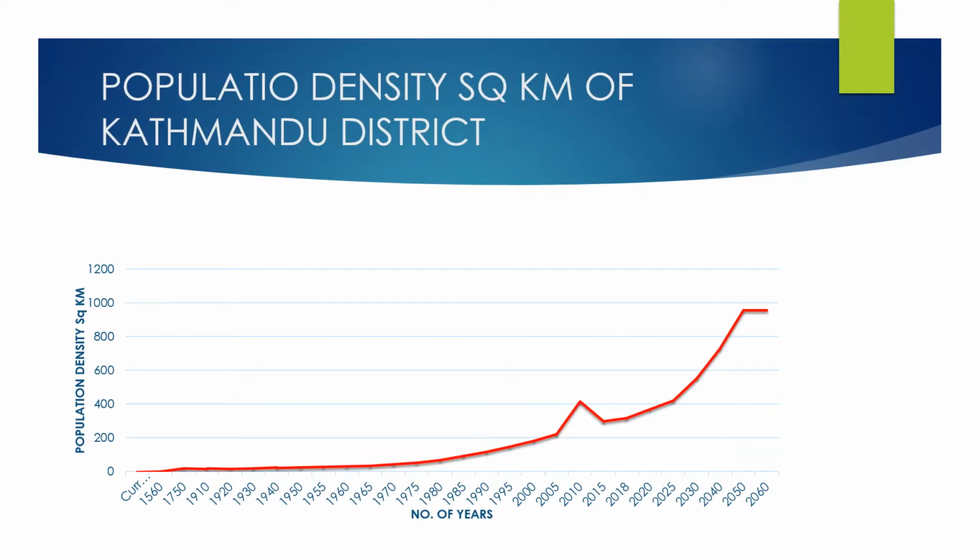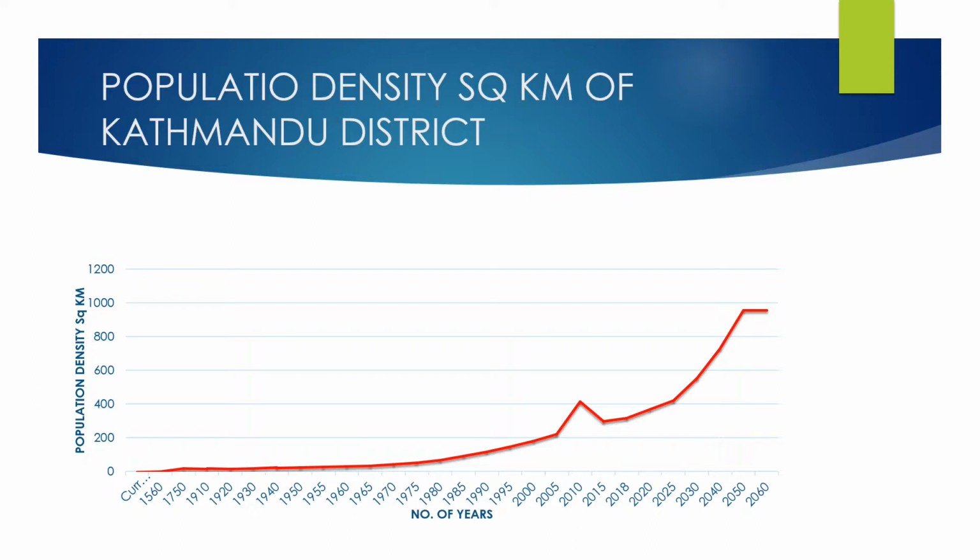So in the graph of population density per square kilometer of Kathmandu district, we can see the red line from 1560 to 1930 in the same line, where from 1940 to 2005 we can see the increase of the population density per square kilometer of Kathmandu district, where from 2005 to 2010 it increased, and from 2010 it decreased.